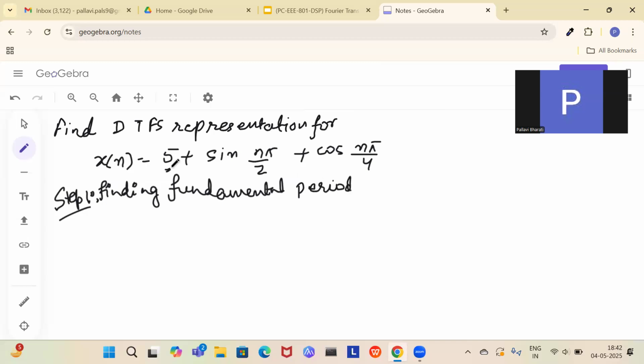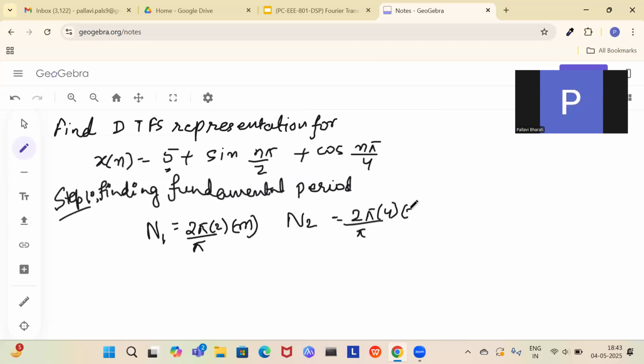For this one, this is a constant, so period is not required here. For this one, N1 equals 2π by omega naught, and omega naught is π/2 times n. And for the other one, N2 will be 2π into 4.